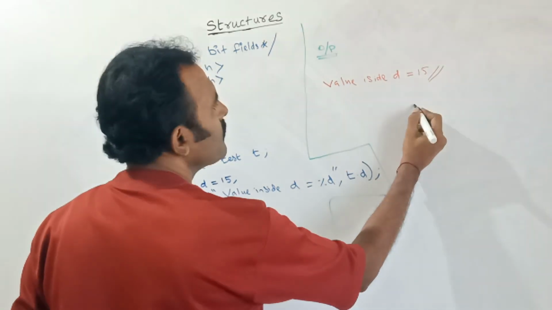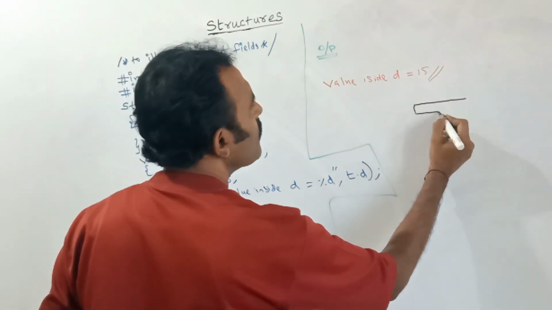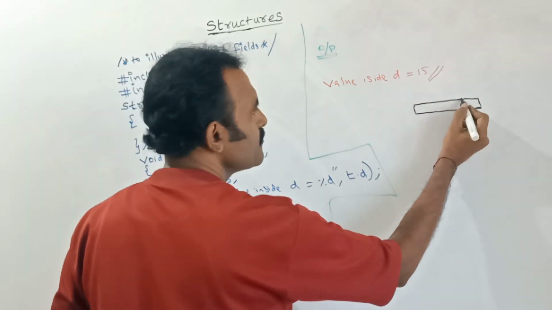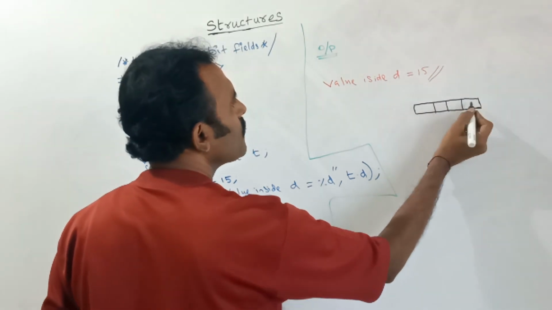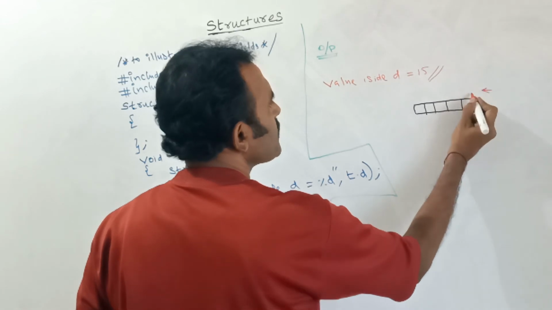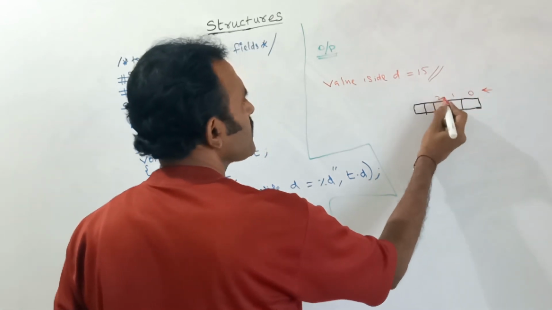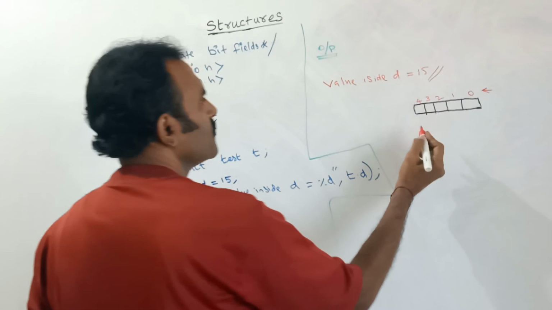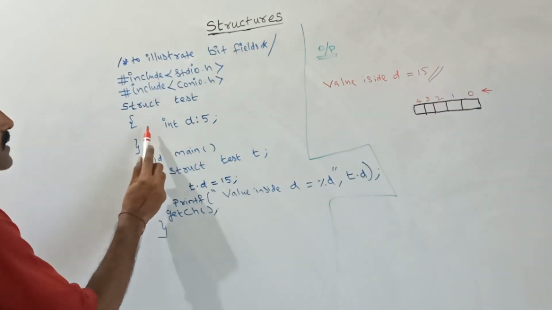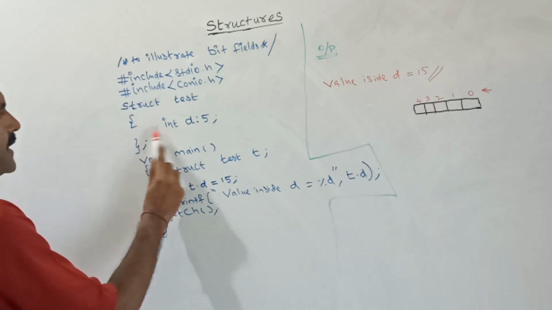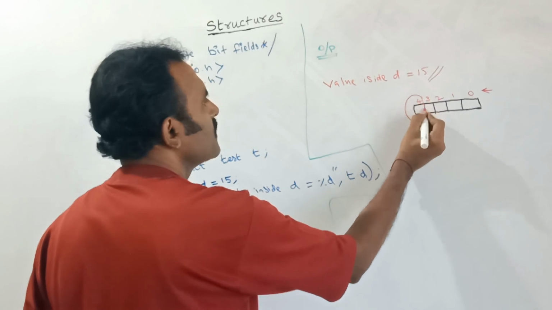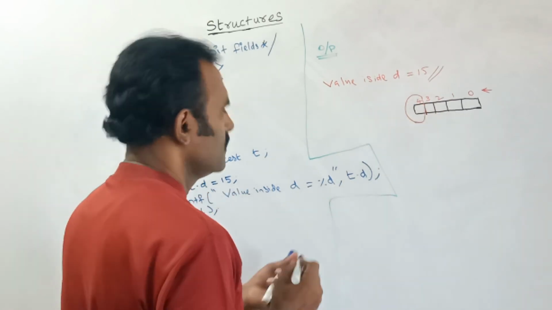So this is bit, we are now seeing about the bit. Starts from 0th position, 1st position, 2nd position, 3rd position, 4th position. Totally 5 bits. This is signed one. So among this, one is used for sign.